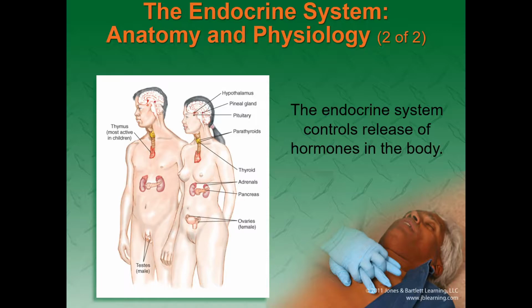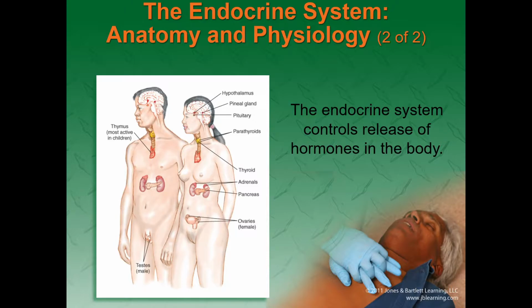And each of those hormones has a specific effect on either some organ, some tissue, or some process within the body. So you can see a representation of the different parts of the endocrine system, all those different glands. The adrenal glands, which sit there on top of your kidneys, regulate stress response, the fight or flight response.